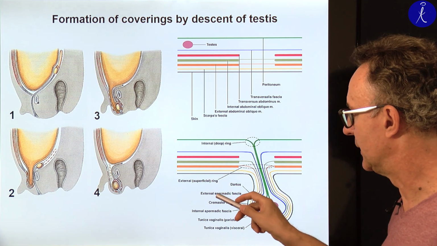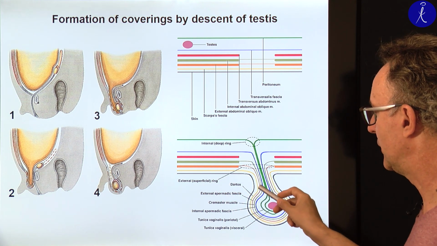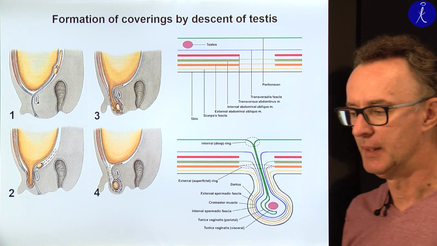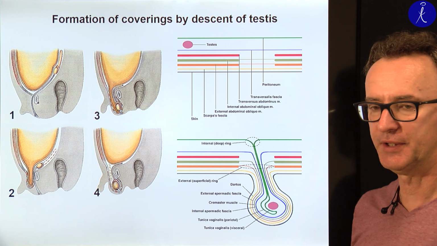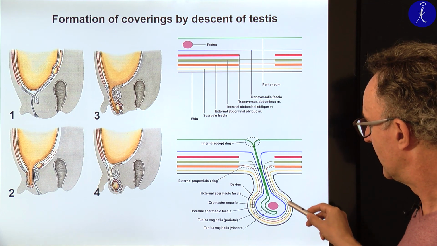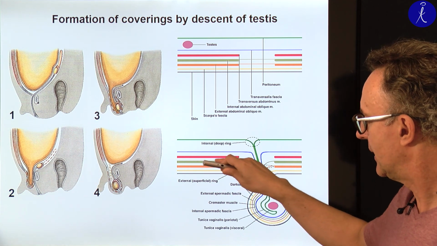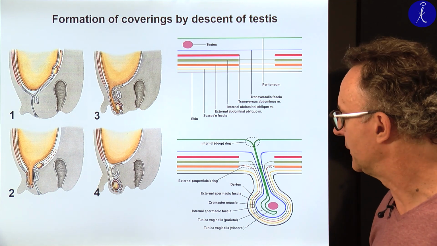These are not included in the coverings. The first covering is the continuation of the aponeurosis of the external oblique. If you remember, in the inguinal region, we have only aponeurosis. We don't have a muscular part from this, and the corresponding fascia will be around. Then the second muscle and the third as well still have a muscular part around the inguinal ligament.